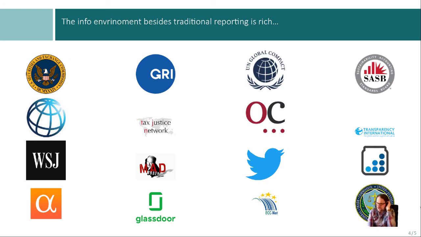So the Federal Trade Commission is a U.S. agency that supports and provides information to consumers, and the ECCNet is a network of European consumer centers, so with the same objective basically, but in Europe these are national organizations mostly. I included these two because they provide interesting firm-related information that is geared towards the consumer, right? So also an interesting outlet of information.